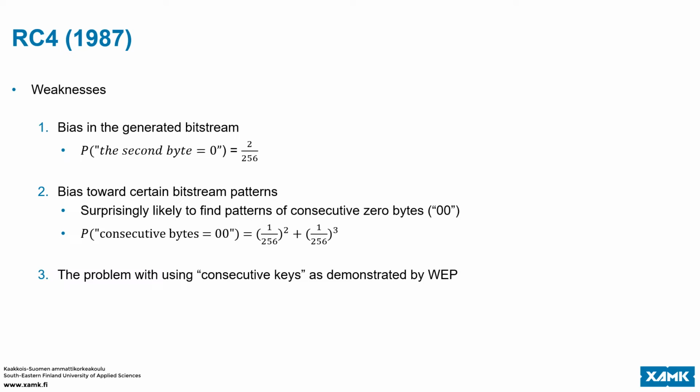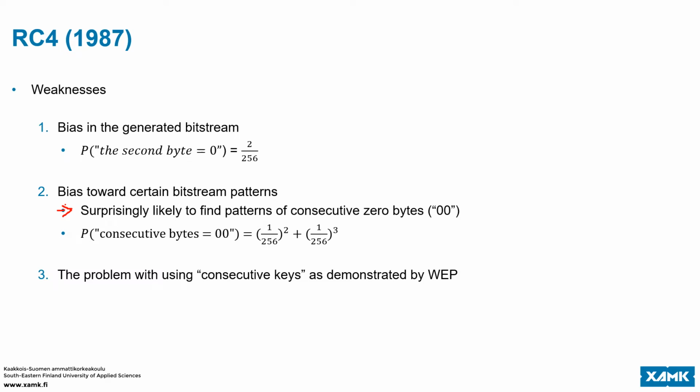Particularly, it's surprisingly likely to find patterns of consecutive 0 bytes. And the probability for that, again, is not very much larger in terms of numbers as we are used to, but in the cipher world, this is enough to make the selection of random numbers not reliable enough.